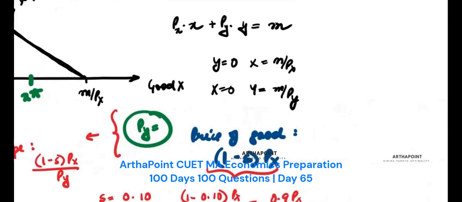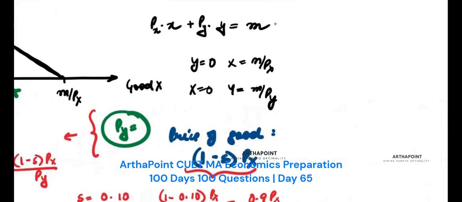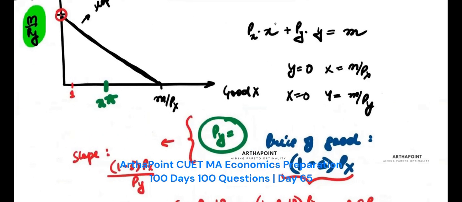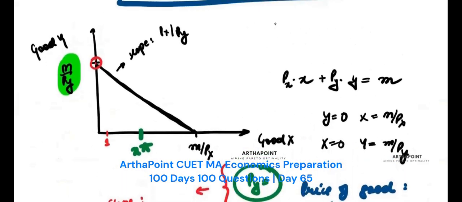Now, if you take some values and check this, please see here. Let's say that price of good X is 10, price of good Y is 5. So the slope here is 2. Perpendicular by base is 2.